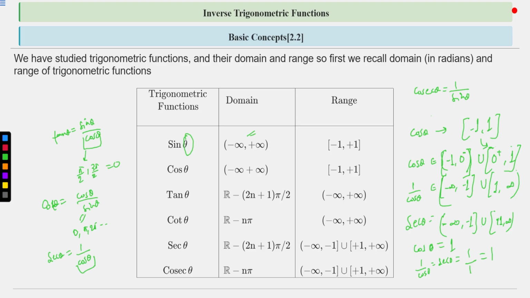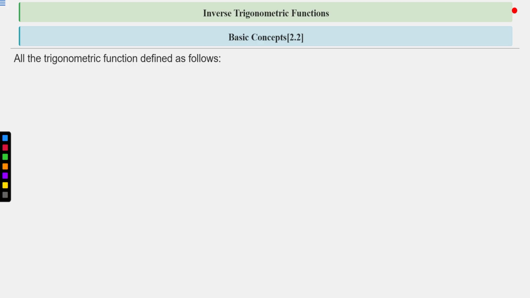Okay, let us move to the next section. All the trigonometric functions are defined as follows. Sine function: sine theta is defined from all real values to -1 to 1. Cosine function, that is cos theta, is defined from all real values to -1 to 1.